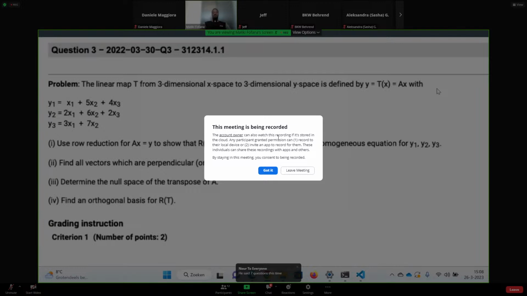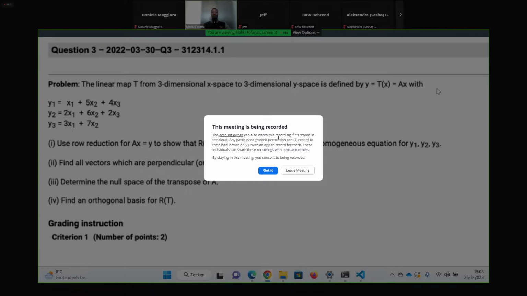But let's look at this problem. The problem says that we have a linear map T from a 3-dimensional X space to a 3-dimensional Y space, right? This is defined by Tx equals Ax. Guys, please keep in mind, like in basic math, if I say this equals this, that means they're more or less the same. If I say y equals 2x, then what comes out is whatever value of x I take multiplied by 2.